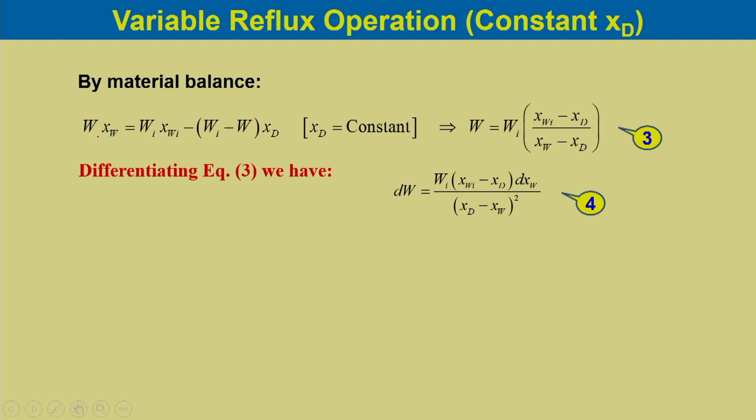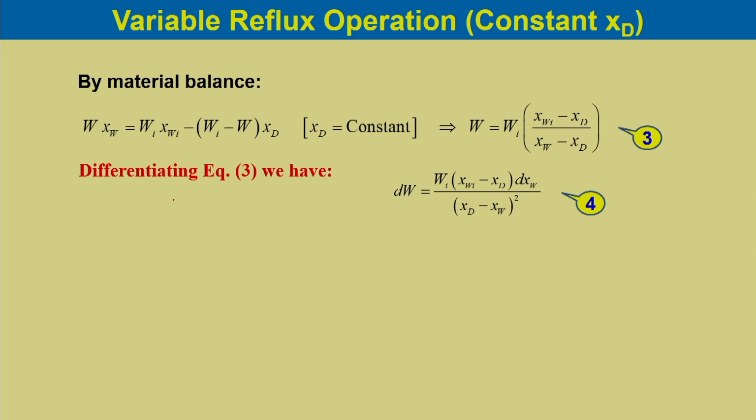W is moles in the still pot and its composition is xW, and xD is the distillate composition, which is constant in case of the variable reflux. So, by material balance we can obtain this relation. From here we can write W would be equal to Wi (xWi minus xD) by (xW minus xD).